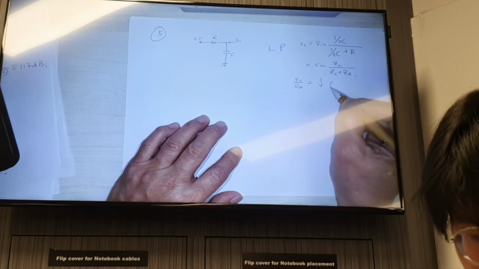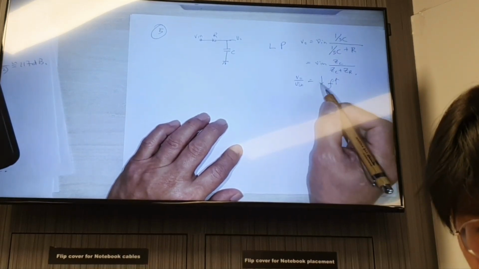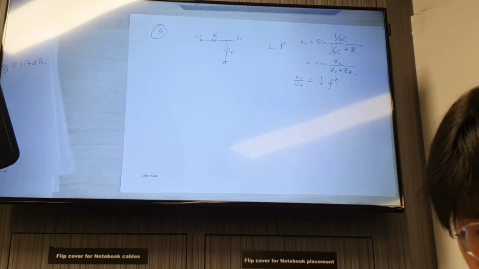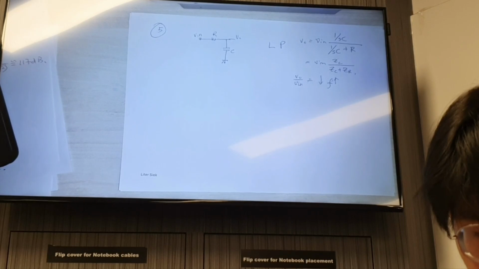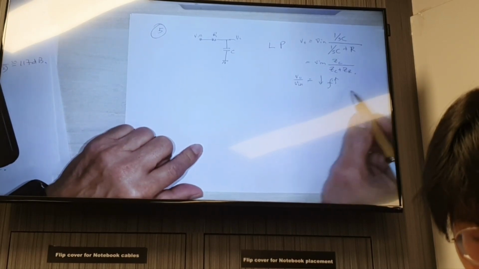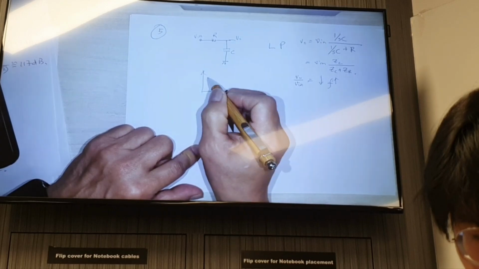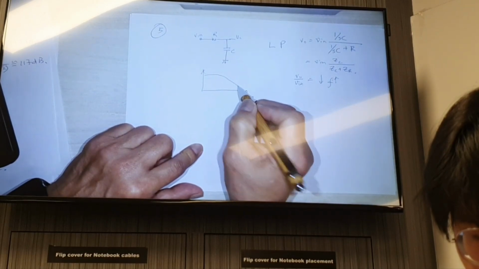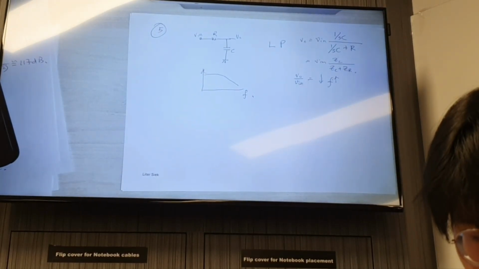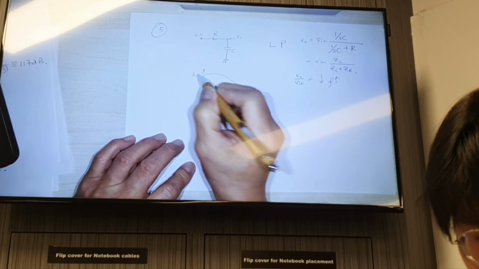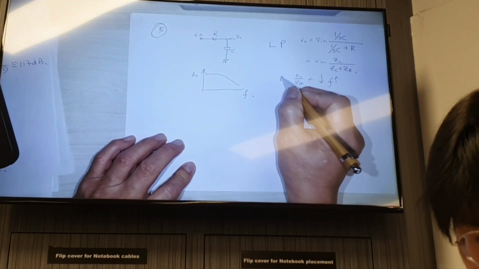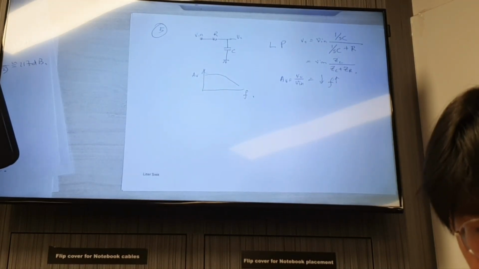So when frequency increases, the gain drops. Okay, so it's a low pass. If you plot this in terms of frequency, you will end up having this.